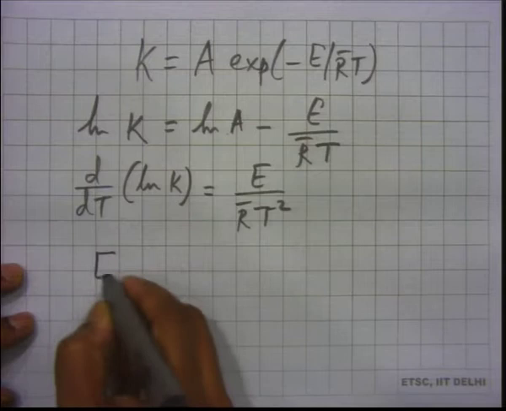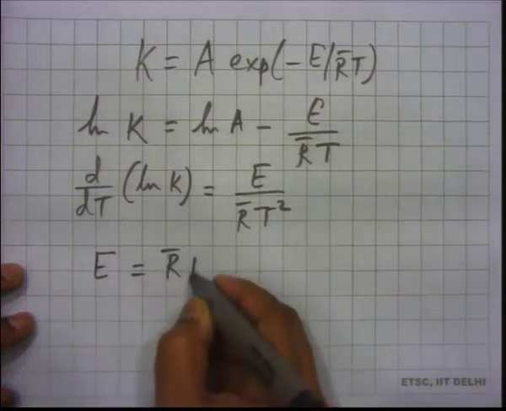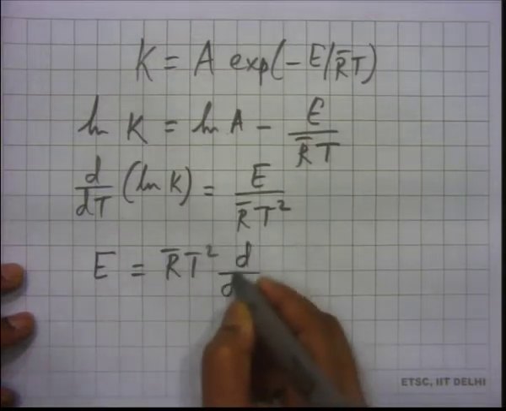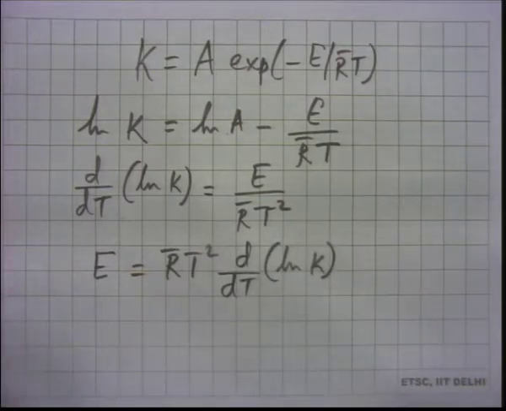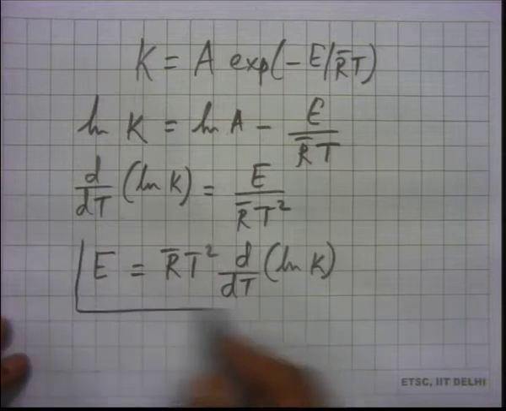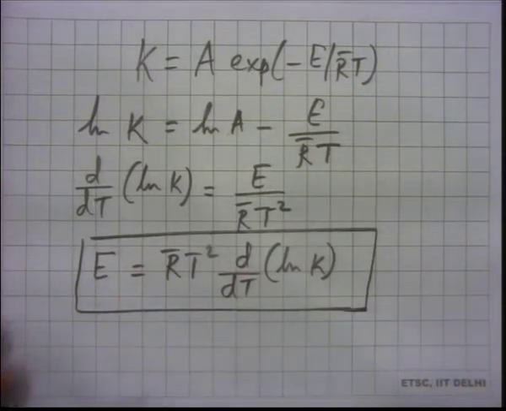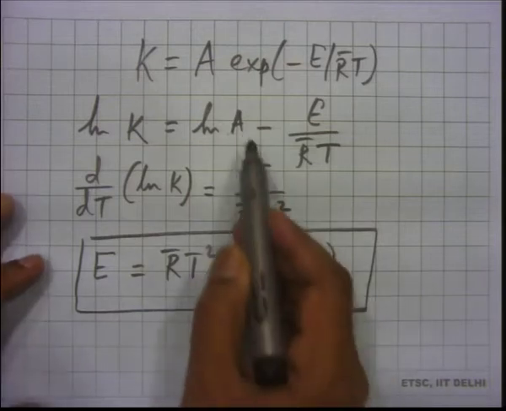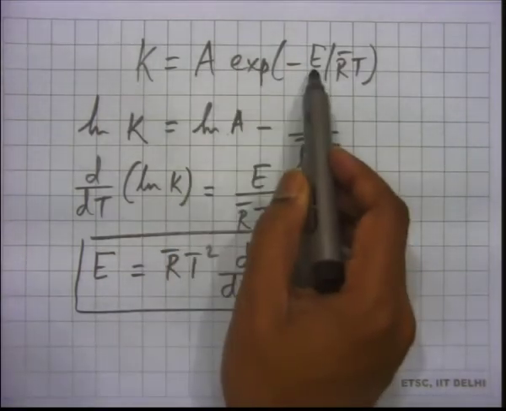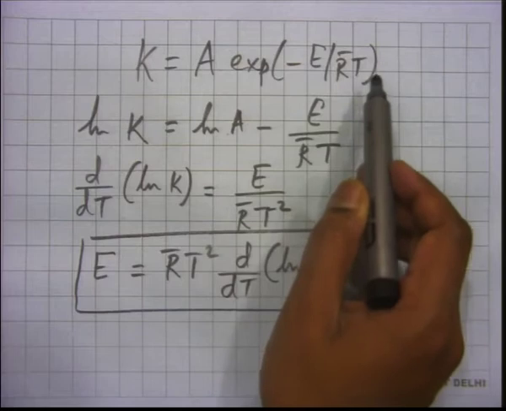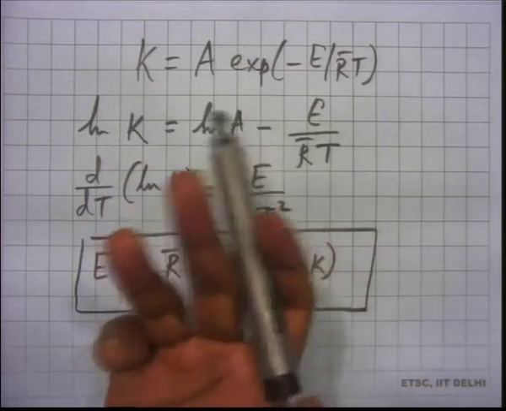That means we can write E as R bar T squared d/dT of log of k. So, nothing new, but still another form of the same reaction rate expression. We are neglecting the temperature dependence of A. A is just a number in that case, because if we write A times exponential of minus E by R bar T, then we are tacitly assuming that A is a constant.